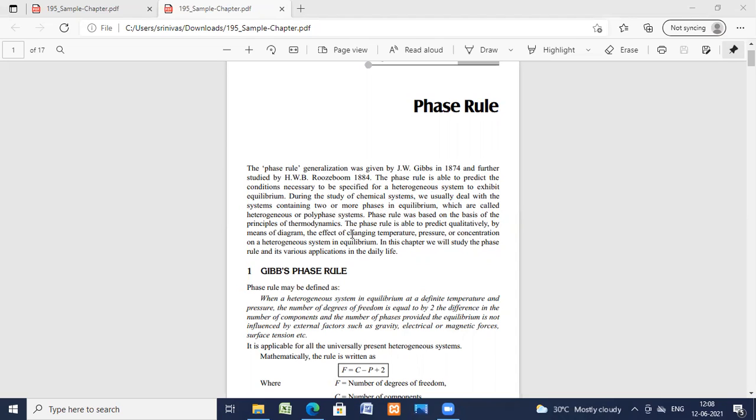It is able to predict quantitatively, by means of diagrams, how temperature, pressure and concentration affect a heterogeneous system in equilibrium. In this chapter, we'll discuss the phase rule and its various applications in daily life.